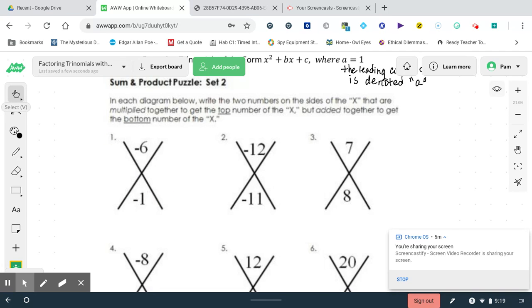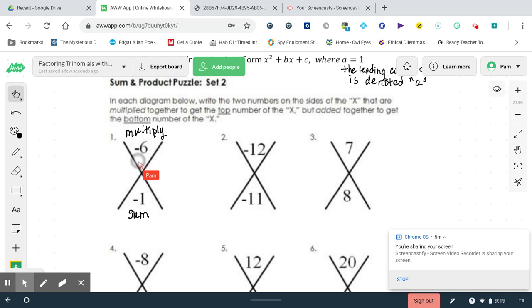All right, so let's get started. I need numbers that multiply together to get -6. In other words, I'm looking for the factors of -6. But yet I'm looking for the sum of -1. So they have to multiply to get -6, add up to get -1. If you think about it, when your product is negative, that means that the signs have to be different.